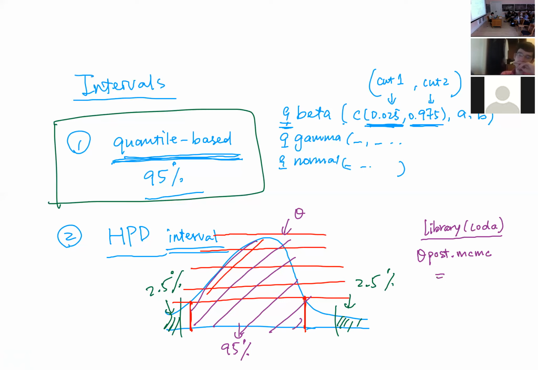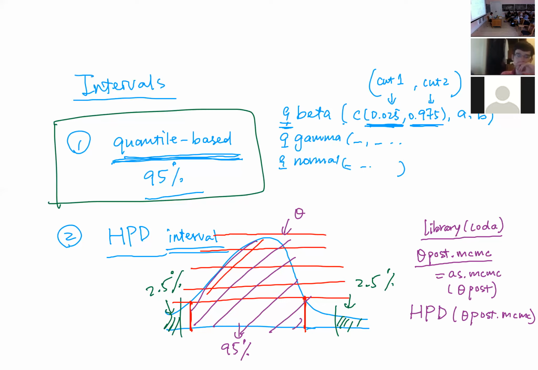You do as.mcmc of whatever you have named it before, the vector of all of the samples that you have. And once you turn it into an MCMC object, you just call the function, something related to HPD, I forgot exactly the name, and fit in the theta posterior, and it's going to return you the 95% HPD interval.